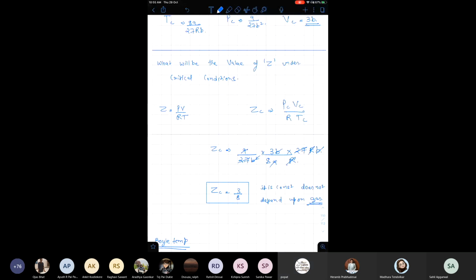The temperature up to which a real gas behaves like an ideal gas is called Boyle temperature.